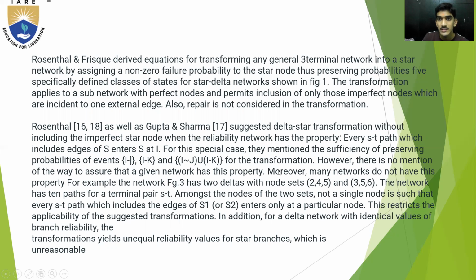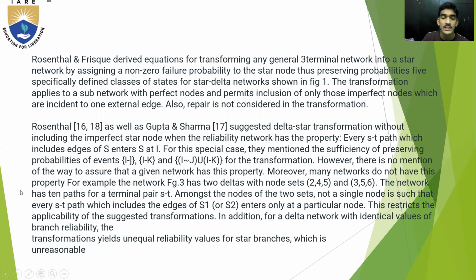Moreover, many networks do not have this property. For example, the network in figure 3 has two deltas with node sets 2, 4, 5 and 3, 5, 6.